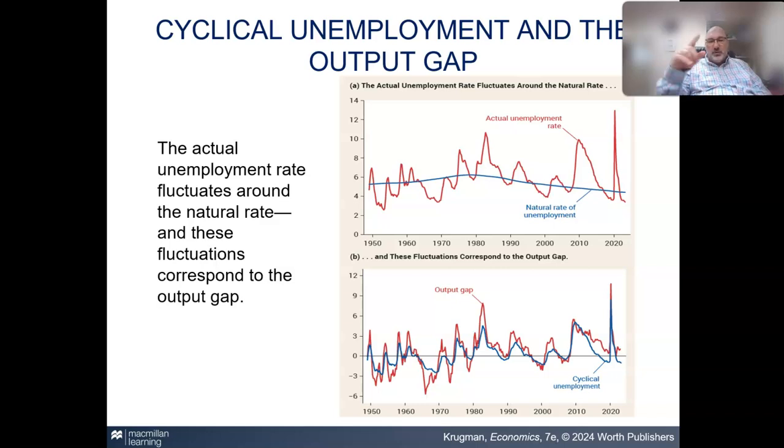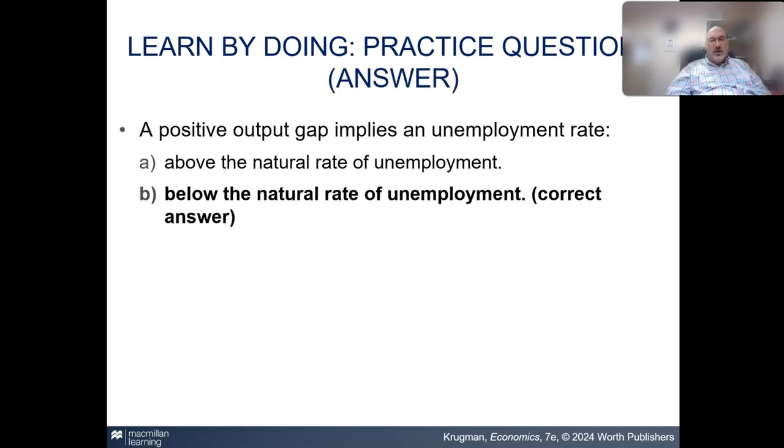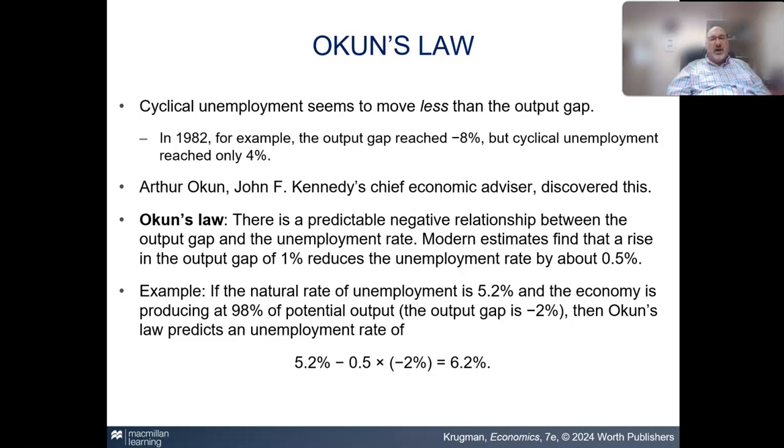The blue heartbeat looking line is the cyclical unemployment. And then you've got that whole zero unemployment kind of thing. So that's the way that actually looks. A positive output gap implies an unemployment rate below the natural rate.